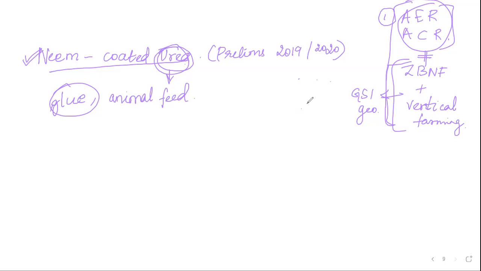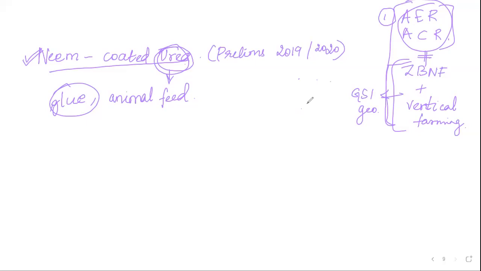To avoid the release of some greenhouse gases like nitrous oxides, if the urea is neem coated, the release of nitrogen is considerably reduced.